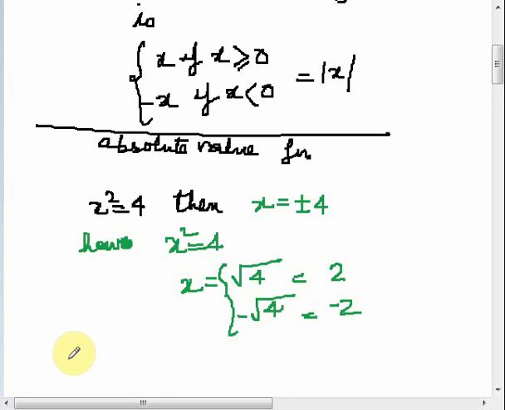But if only root 4 is given, root 4 is plus 2, minus root 4 is equal to minus 2.